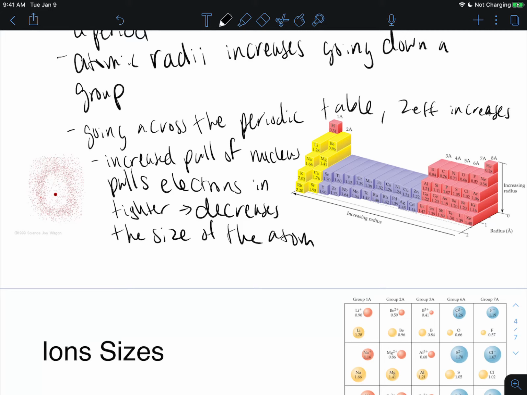As we go down the periodic table, we are just increasing our number of electrons significantly, which increases our electron-electron repulsion, which increases our size.